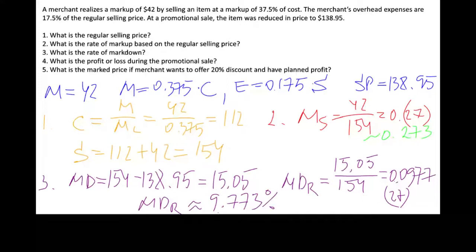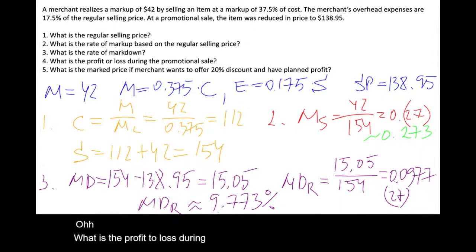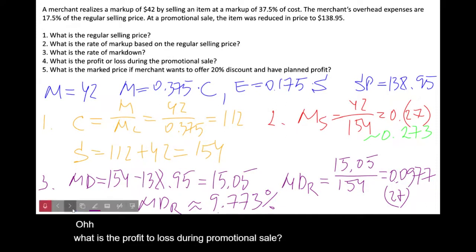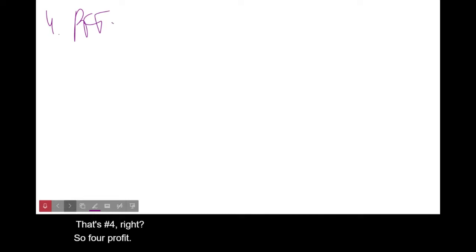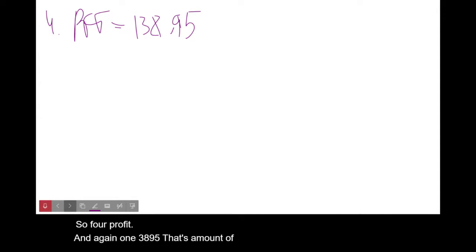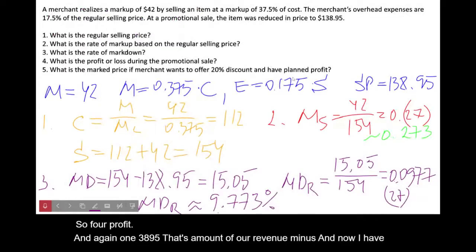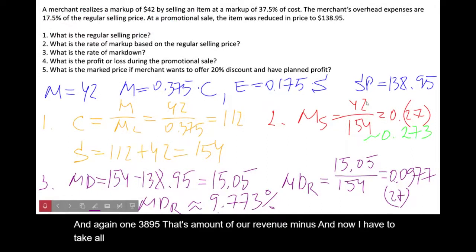Okay, so what is the profit or loss during promotional sale? So 138.95. Hold on, that's number 4, right? So 4 profit, and again 138.95. That's amount of our revenue minus, and now I have to take all the expenses.